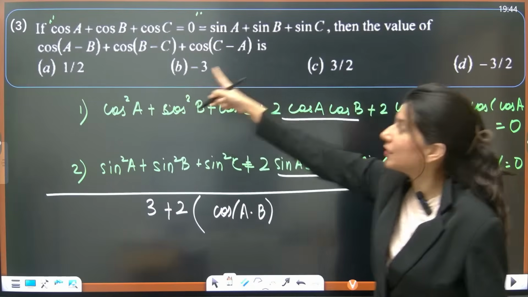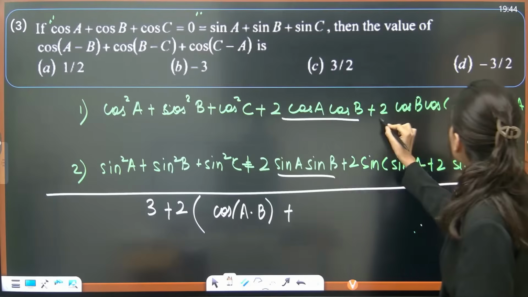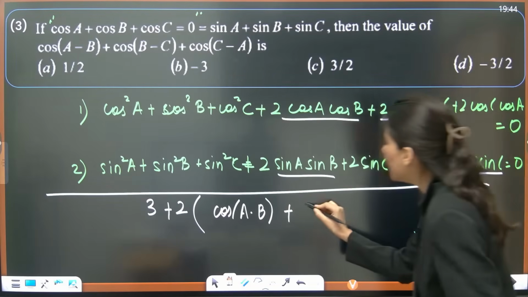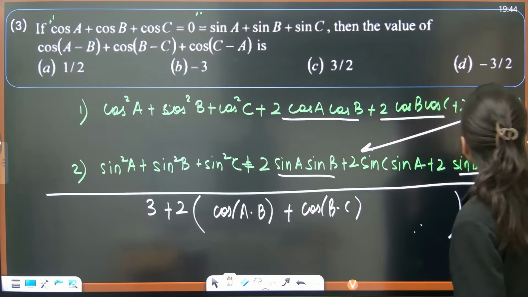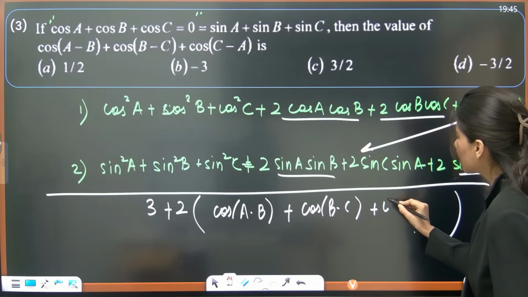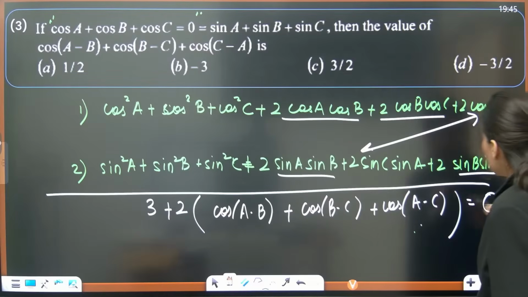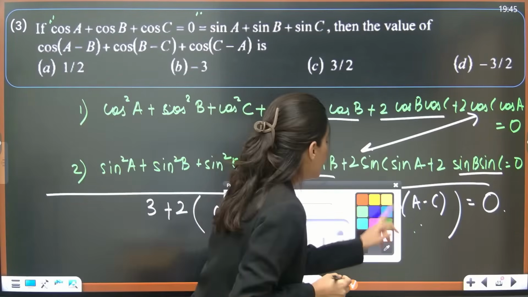Plus cos B cos C plus sin B sin C will be cos(B minus C). And these two, if you form the pair, cos C cos A plus sin C sin A, so cos(A minus C), is equal to 0.